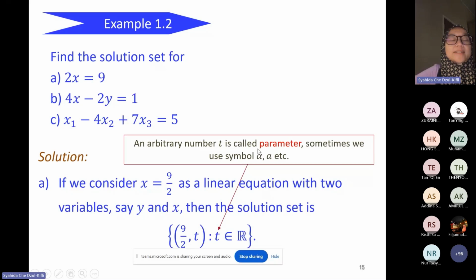We normally use t to represent a parameter, but sometimes we may also use other symbols, for example alpha, a, etc. But how do we write down the solution? We are going to see that later on.